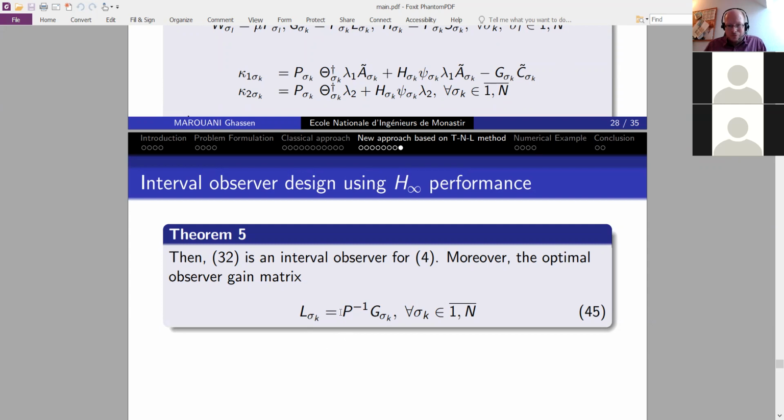So I have to change P to depend on sigma Q. In the different papers which have been published, the gains depend on matrix P, which depends on sigma Q. It's a typo here.